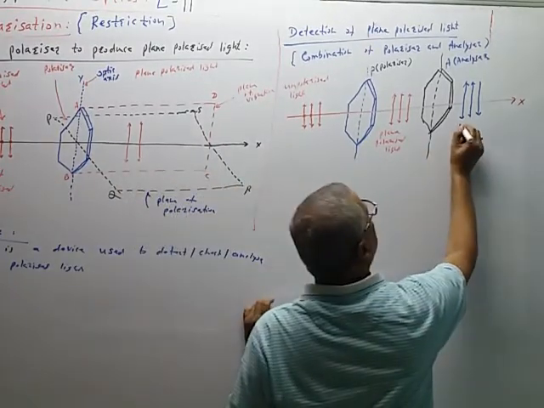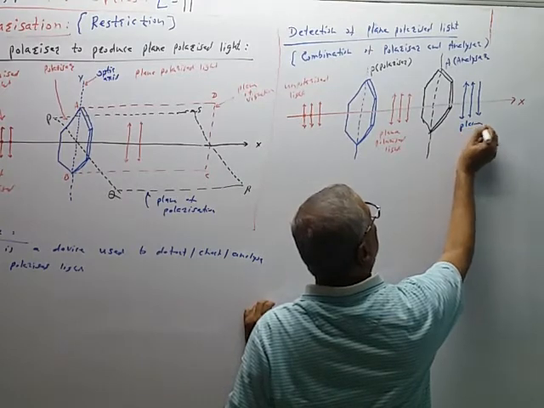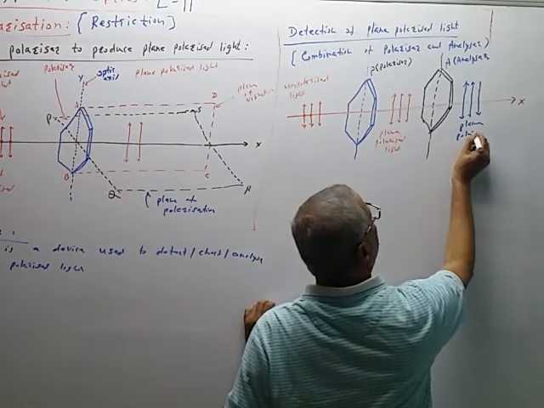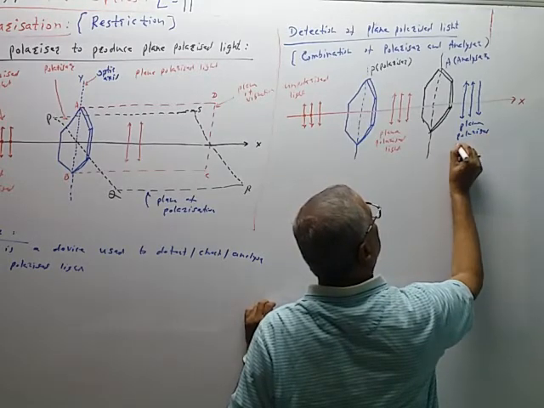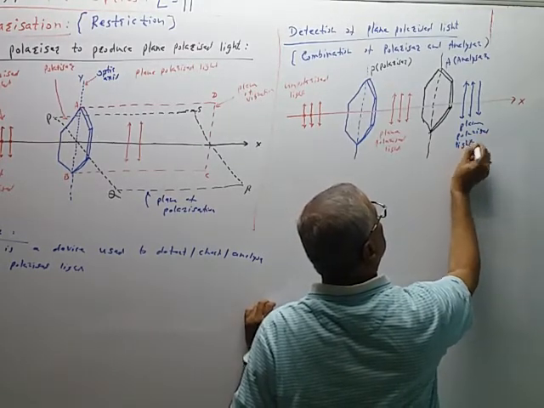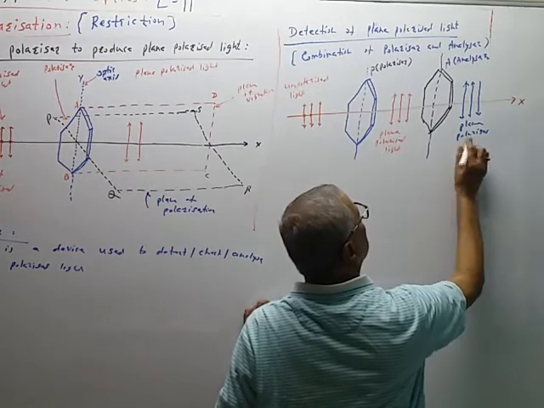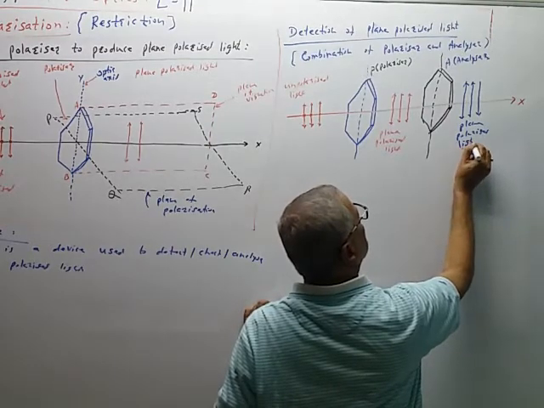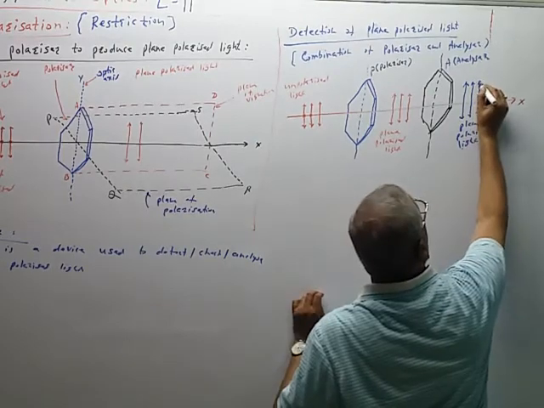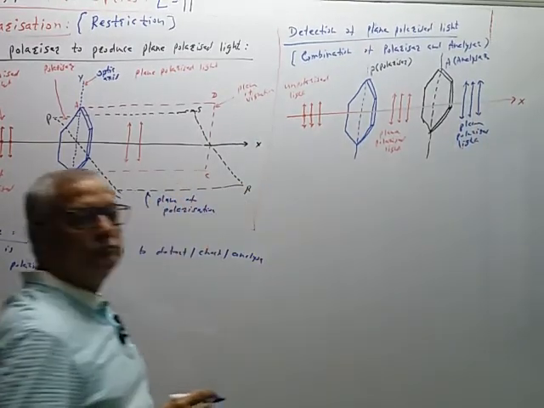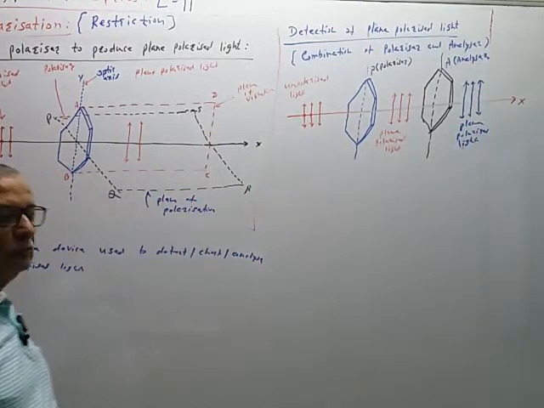This is also plane polarized light because the two axes are parallel. Plane polarized light like this.